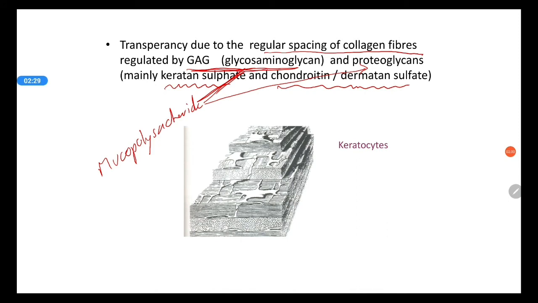So glycosaminoglycans and the keratan sulfates are mucopolysaccharides, which are seen in the corneal stroma.